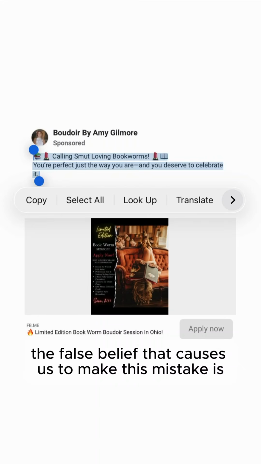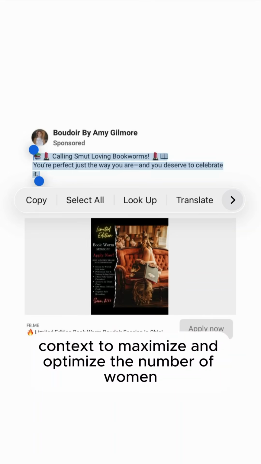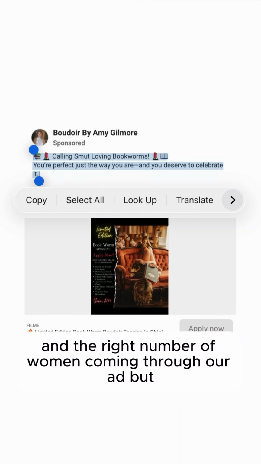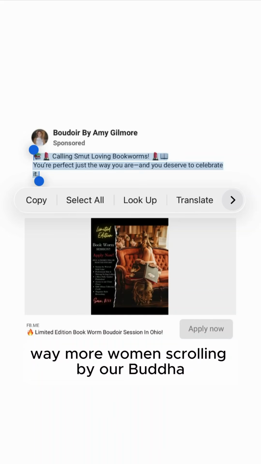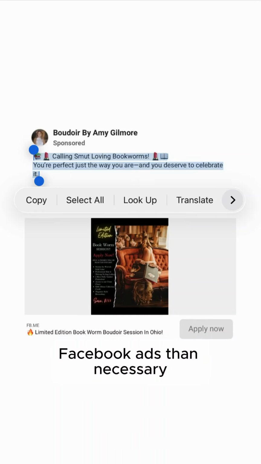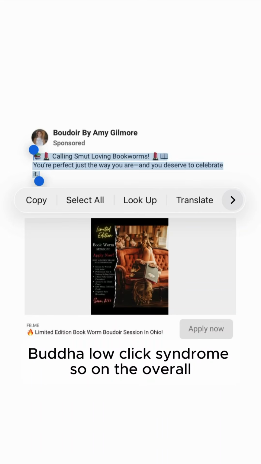The false belief that caused us to make this mistake is we believe we provide enough context to maximize and optimize the number of women, and the right number of women, coming through our ad. But we didn't do that, so the consequence is way more women scrolling by our Boudoir Facebook ads than necessary, and pulling our unique CTR under 6%, contributing to BLCS, Boudoir low click syndrome.